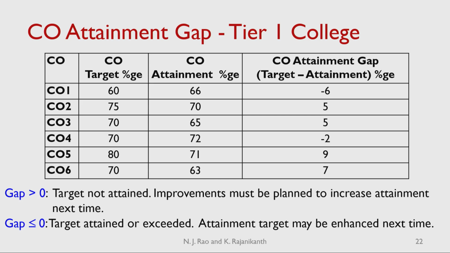The target was 80%, but the attainment was only 71%. So if the gap is greater than 0, the target is not attained. Improvements must be planned to increase the attainment the next time the course is offered. If the gap is less than or equal to 0, target is attained or exceeded, so the attainment target may be enhanced next time.